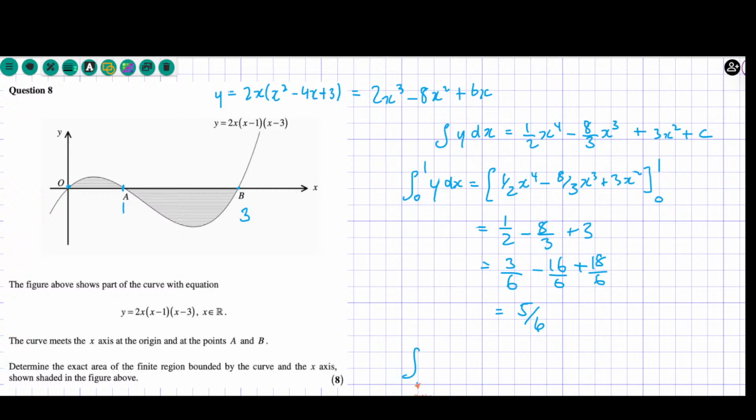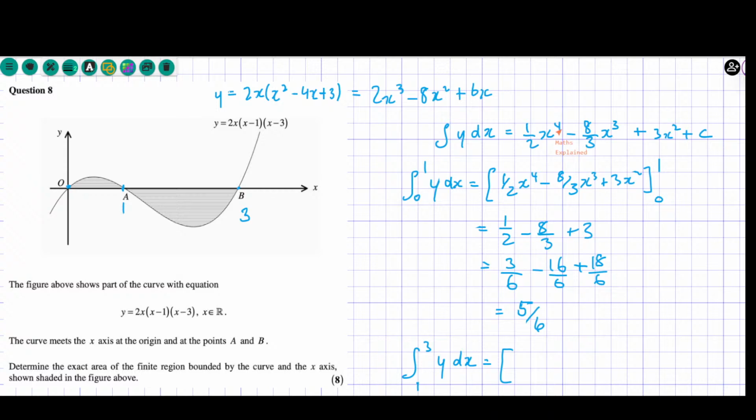Then from 1 to 3. Again, we could plug it in straight away. So, oh, what happened there? Maybe the undo button is a shortcut, I don't know. Okay. So plug in 3 to our integral.